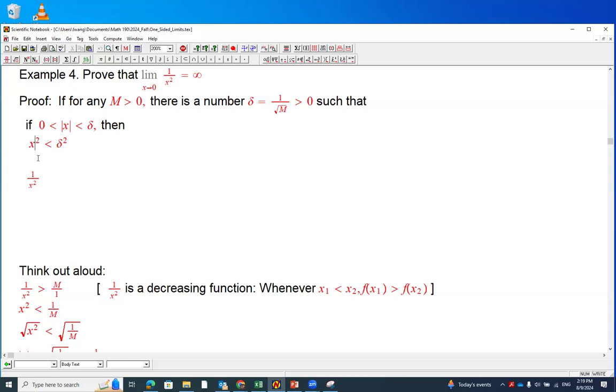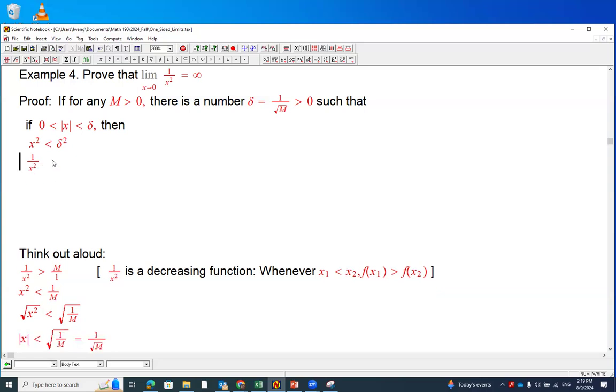So now we're going to flip this. Remember, that's a decreasing function, so this is going to turn into greater than 1 over delta squared.